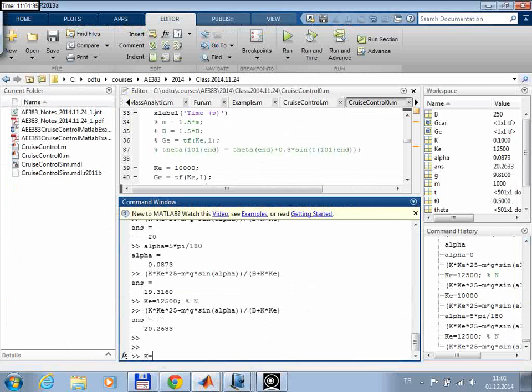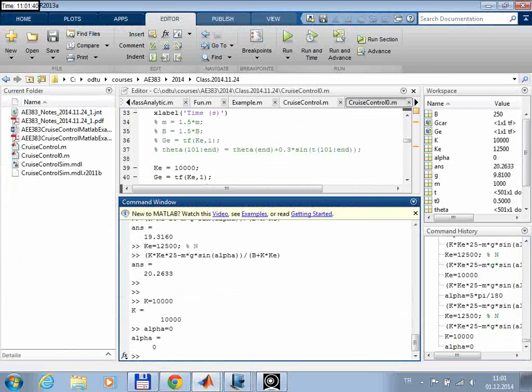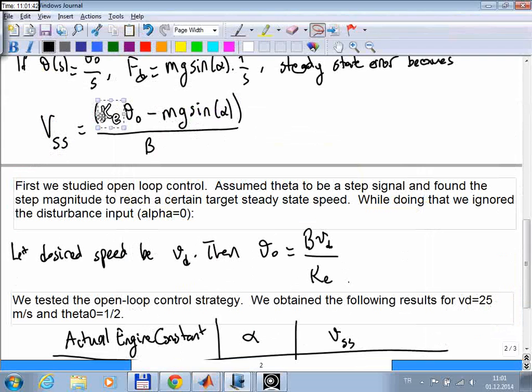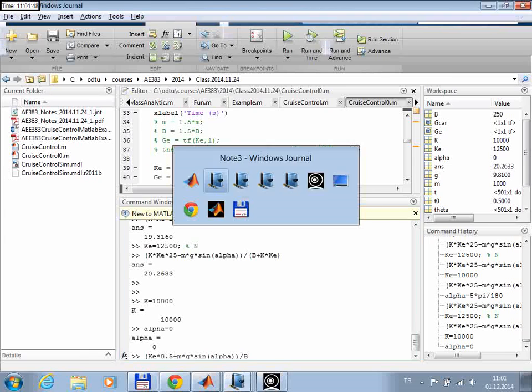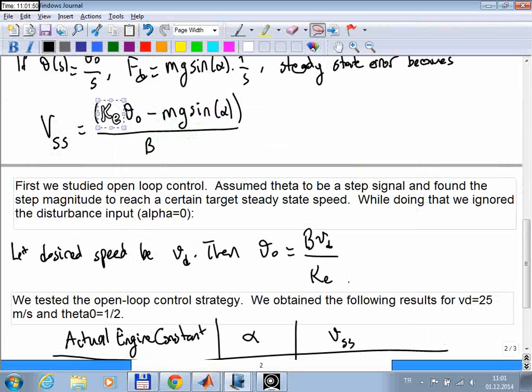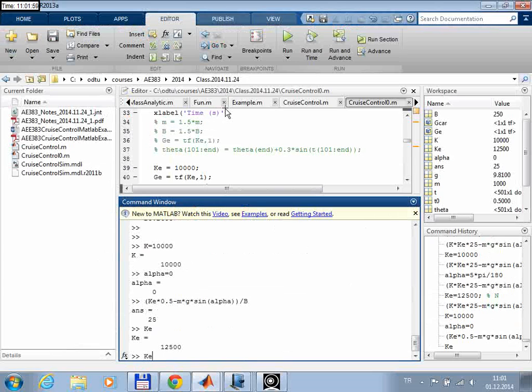So K is equal to 10,000, alpha is equal to 0, and I can find theta 0 is equal to 1/2, and the rest is there. So if I click this, oh, I didn't change the KE value, so KE should be equal to 10,000.